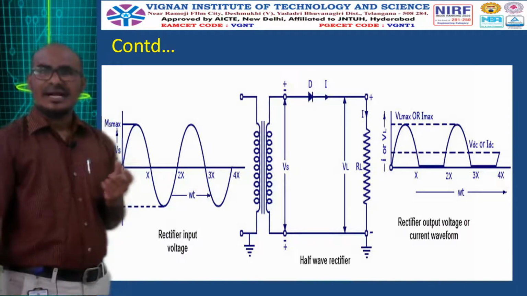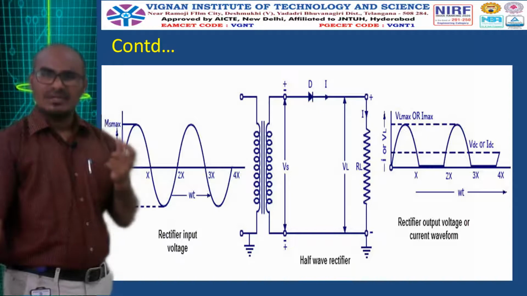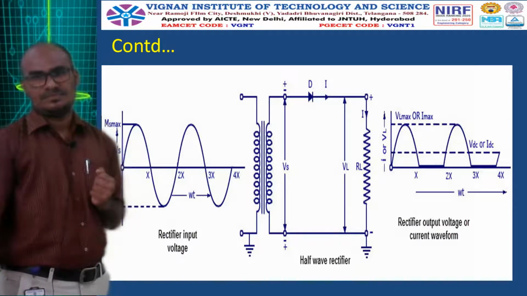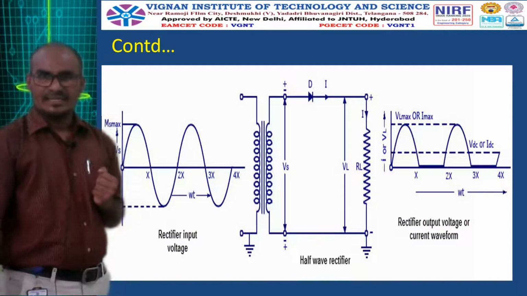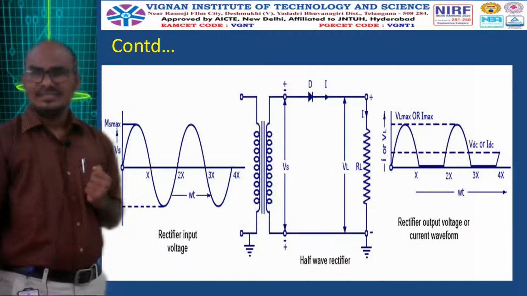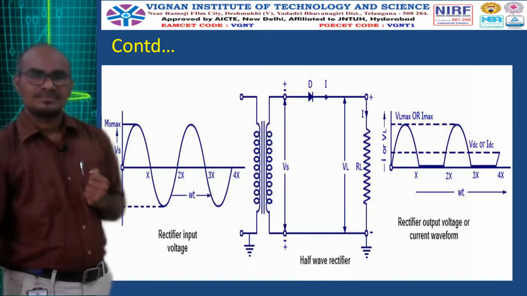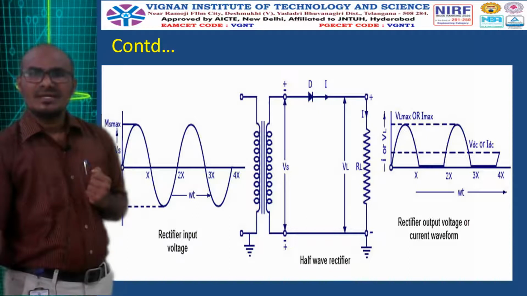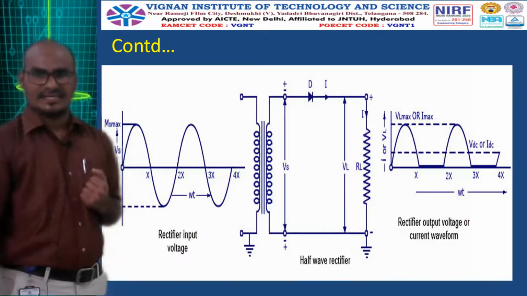Due to this, current will flow in the load and there will be an output voltage drop. And during the negative half cycle, the diode will get reverse biased and no current will flow into the load, and there won't be any supply. And the dotted line is the VDC or V average. About this we will talk in our next slides.